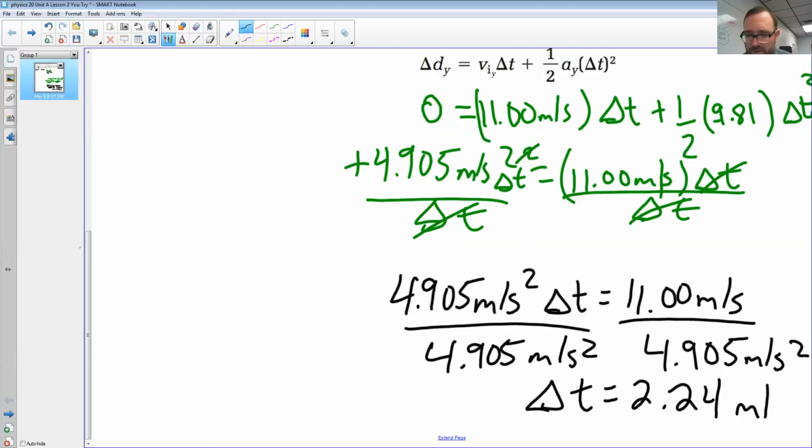I should just say seconds, because the units cross out, all of that, and we're left with seconds only. So that's our analysis and our solution right here.